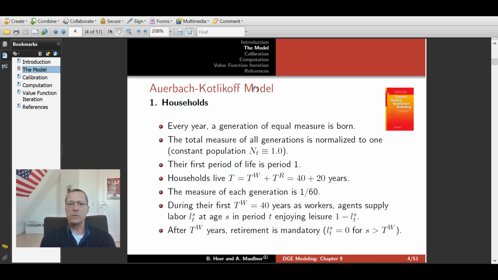So let us briefly review the model. We have a household that is born at age 1, which corresponds to year 20 in real life. He works 40 years, then retires for 20 years. His labor supply as a worker is denoted by l_{s,t}, his labor supply at age s in period t.